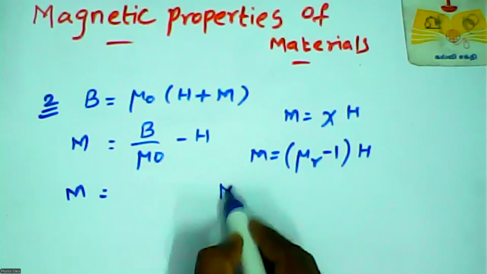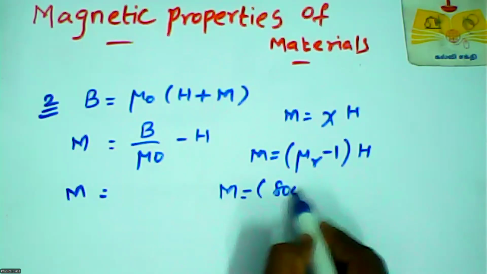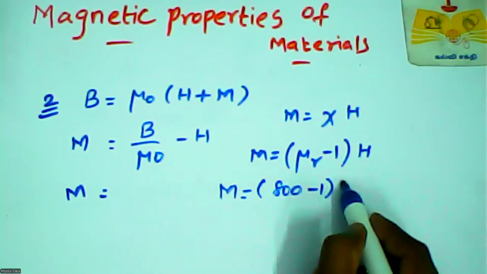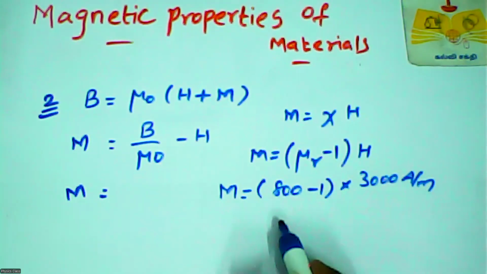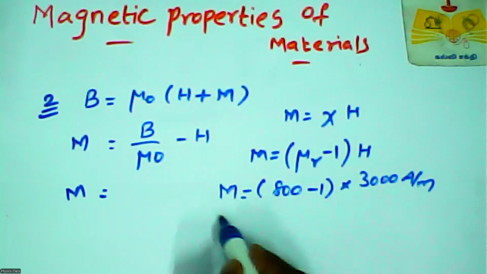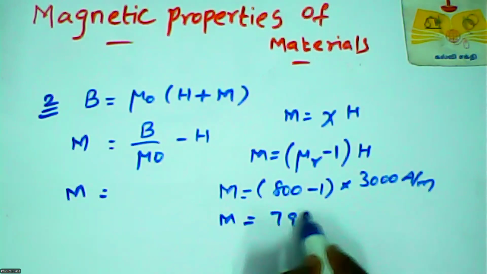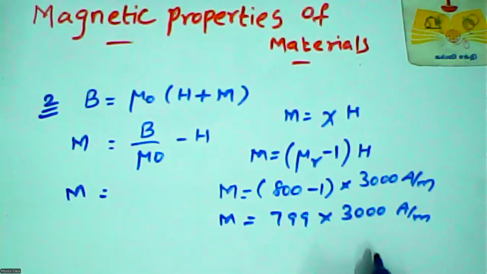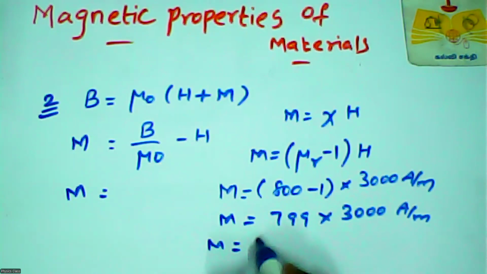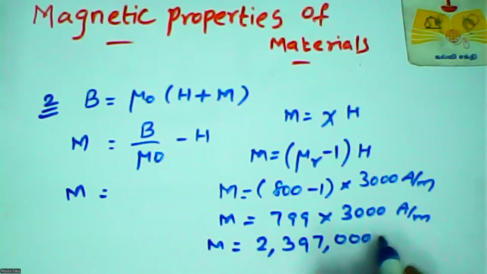So M is 800 minus 1, times H, 3000 ampere per meter. So 800 minus 1 is 799, into 3000 ampere per meter, which gives 239700 ampere per meter.